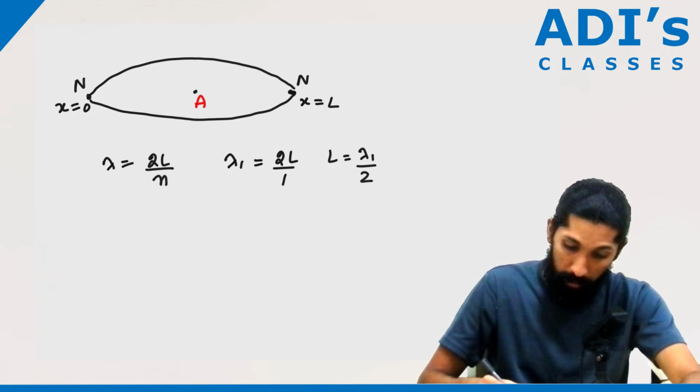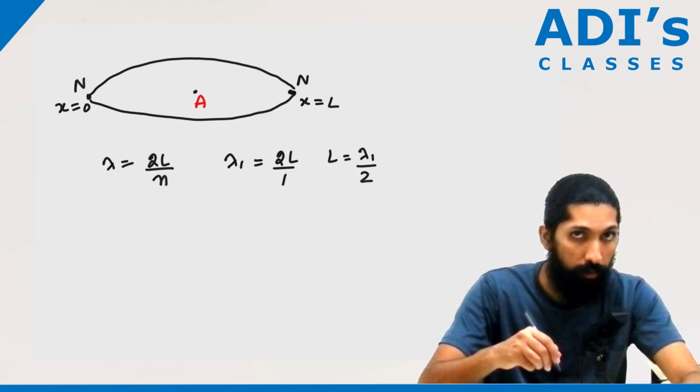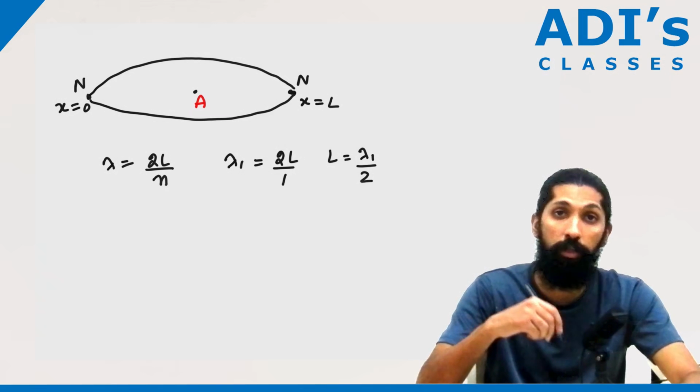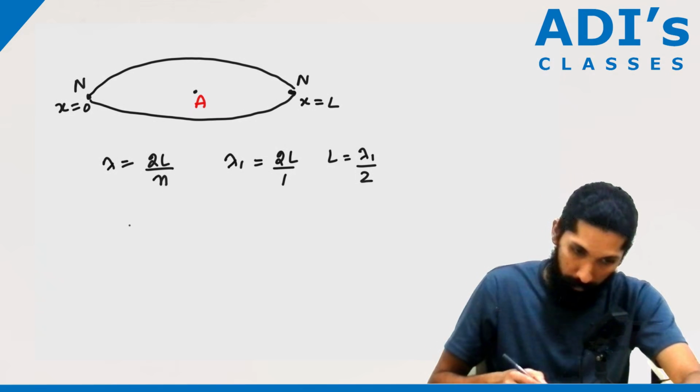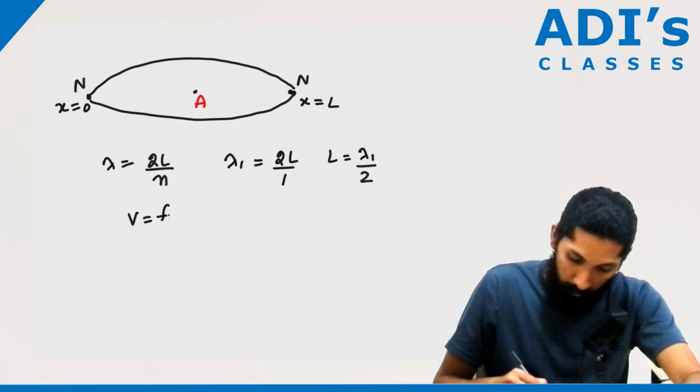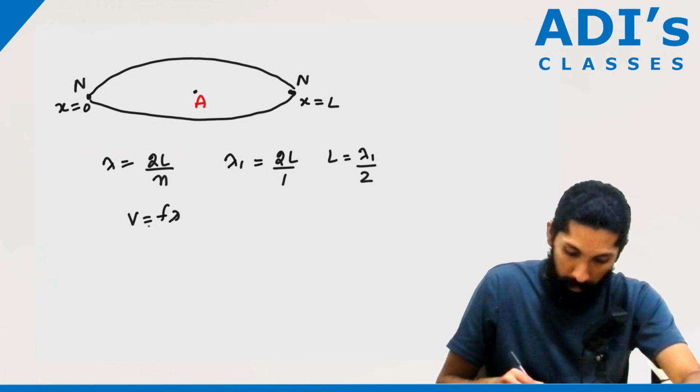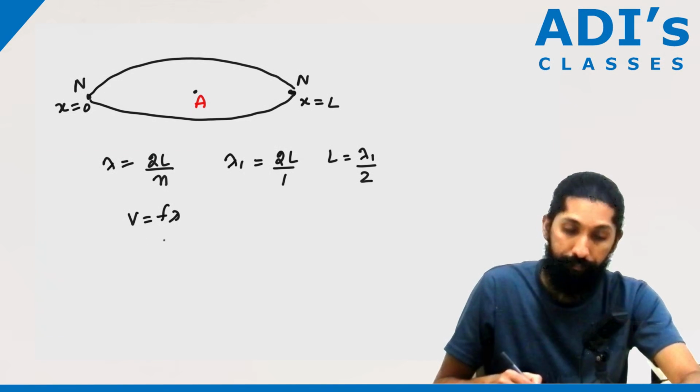Okay. Now this value, whatever we have, lambda 1 is equal to 2L. Suppose if you need the velocity or if you need the frequency, then what do we do in this case? See, we know that velocity v is equal to f into lambda, isn't it?